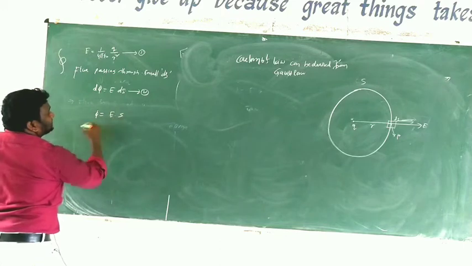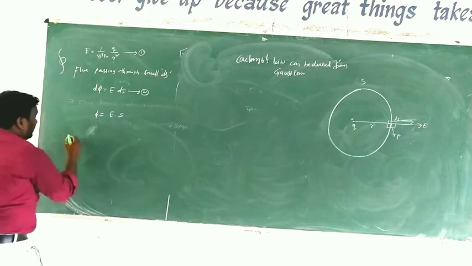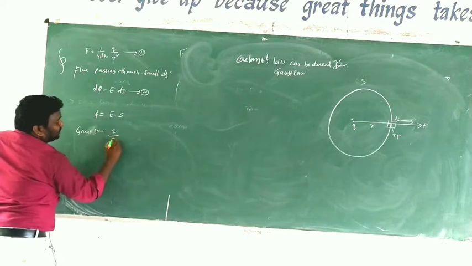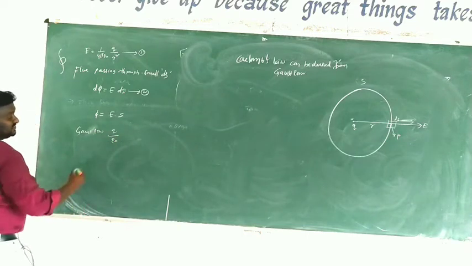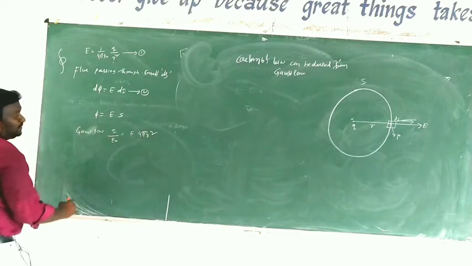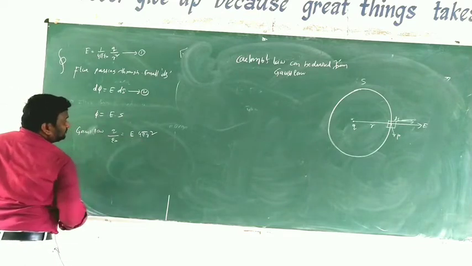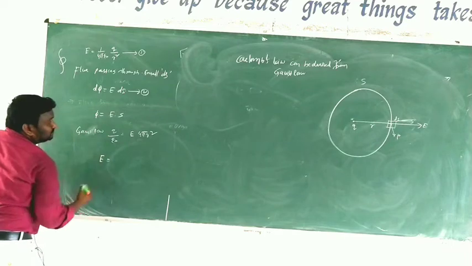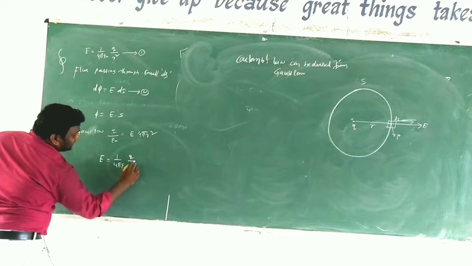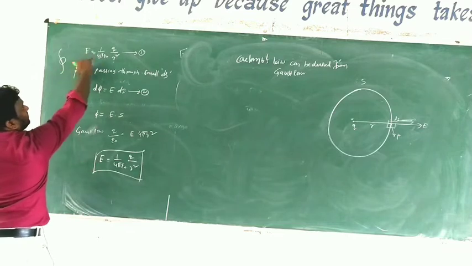E into S. Then phi is equal to what? According to Gauss law, what do you write? Q by epsilon naught is equal to E into 4 pi r square. Clear? So from that, E is equal to 1 by 4 pi epsilon naught into q by r square. Yes, this is equation number 1.